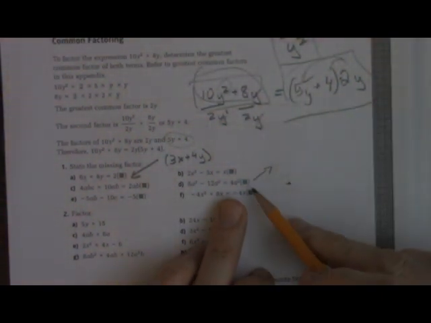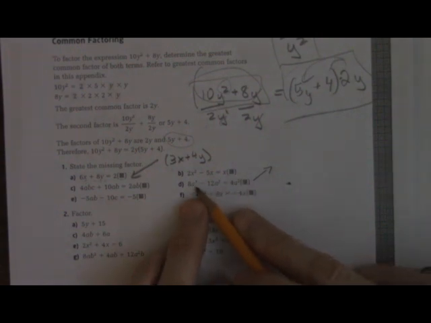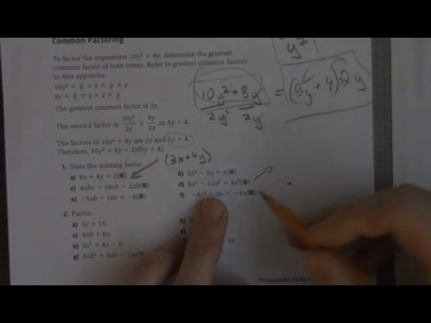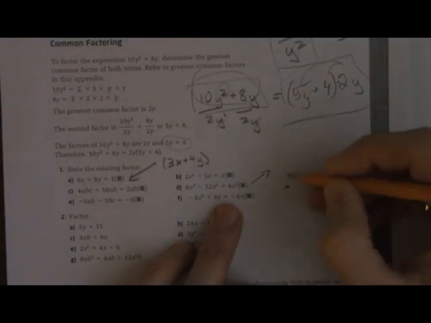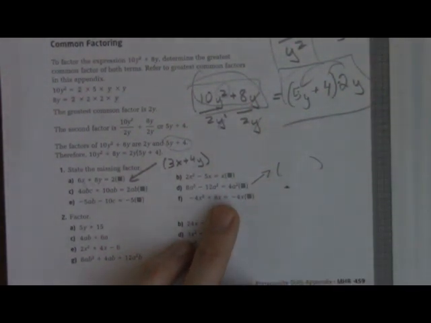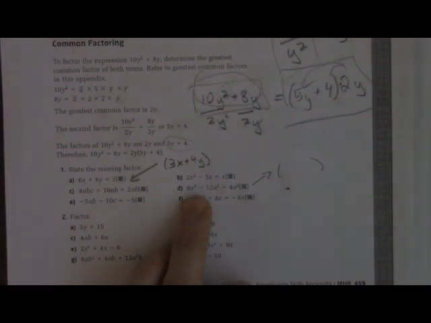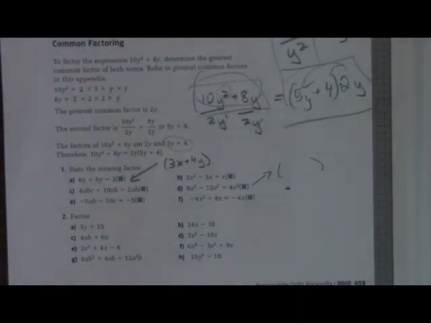Milkius, what is the missing factor? So you're dividing both these terms by 4a squared. So 8a cubed minus 12a squared. What would I get for the missing factor here? What's 8a cubed divided by 4a squared?